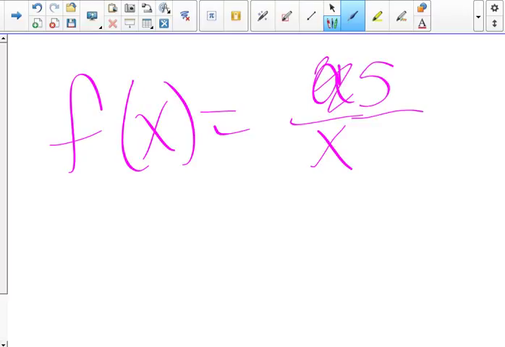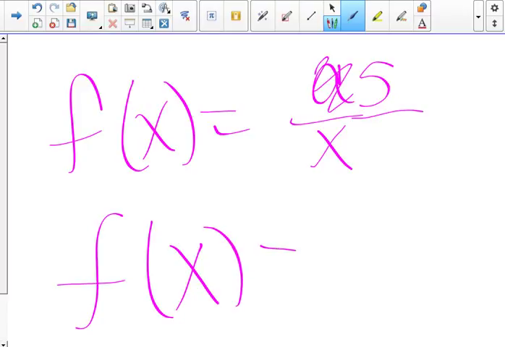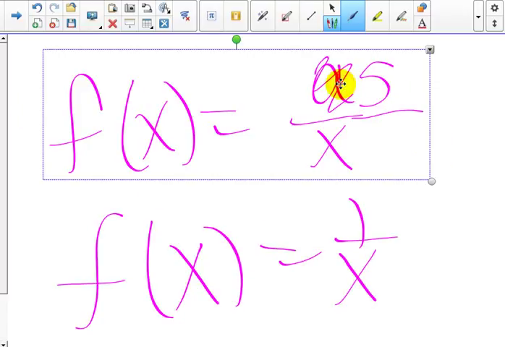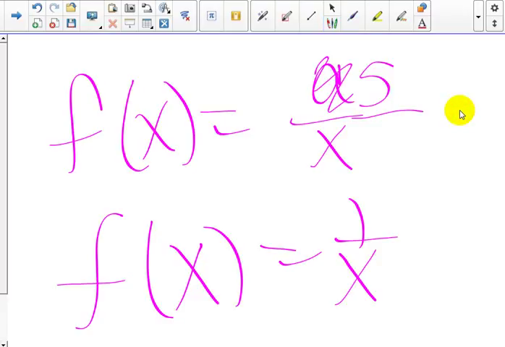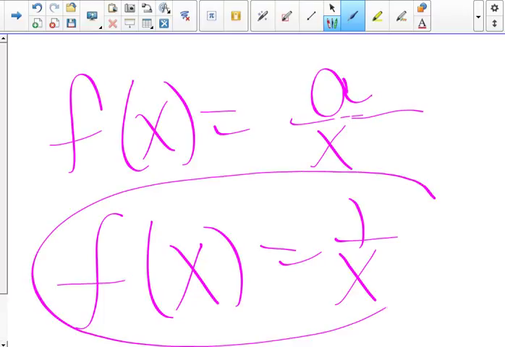Okay, so this is going to be a translation of our parent function here, 1 over x, right? So this is about having something in the numerator, which we're going to call our a value, but it comes from this parent function, f of x equals 1 over x.